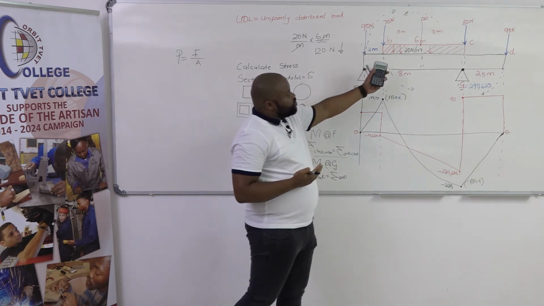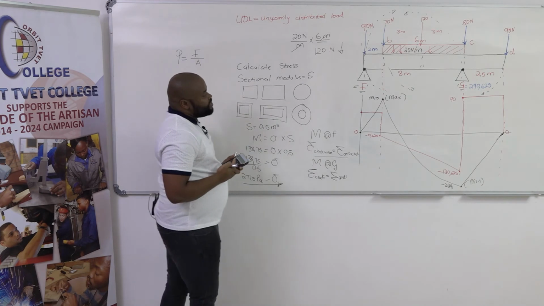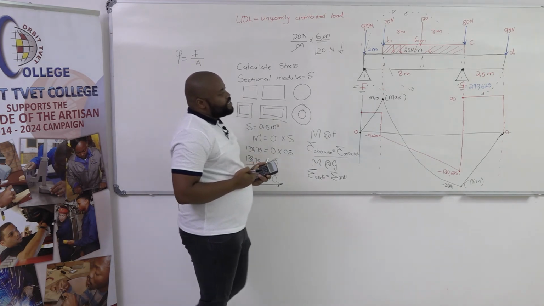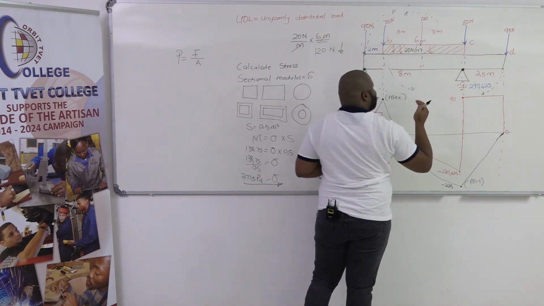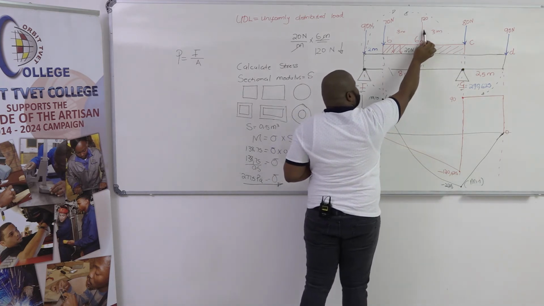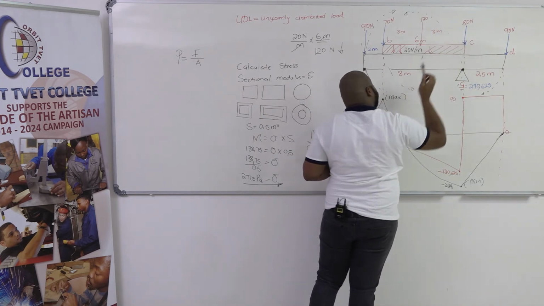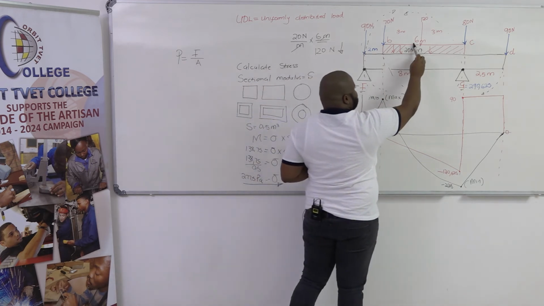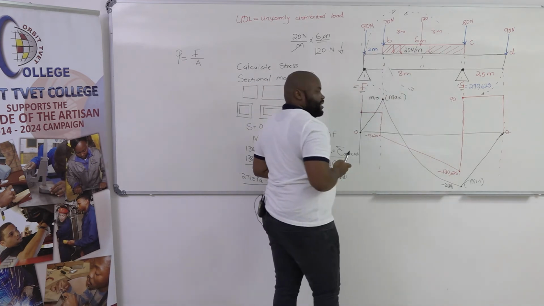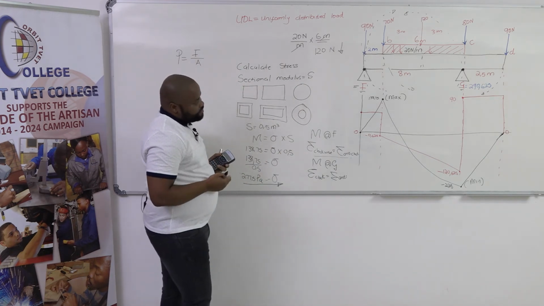So in this case, we converted the 20 Newton per meter to become 120. Then we said, okay, because we are doing bending moments at C, the 120 comes before C, but what is the distance to C? It does not become 6, it becomes 3, because from the 120 to C, the distance is 3.